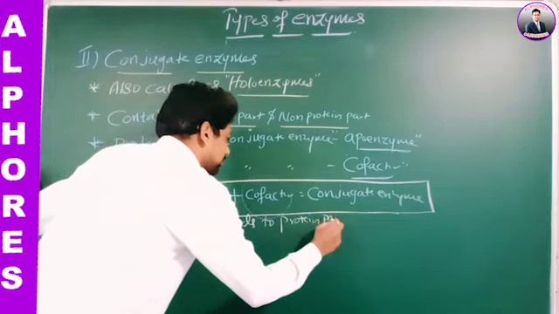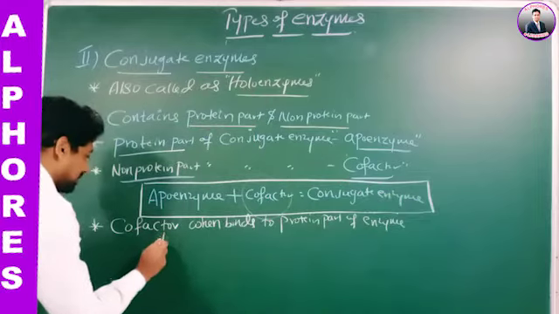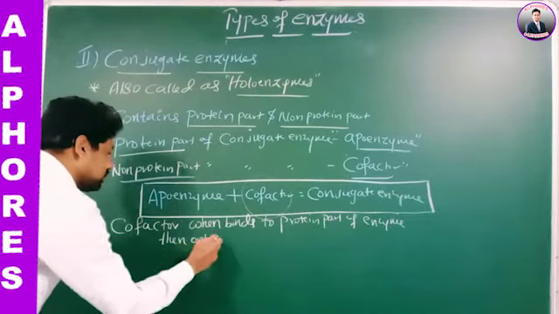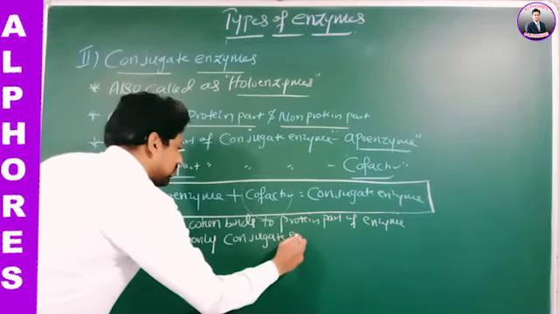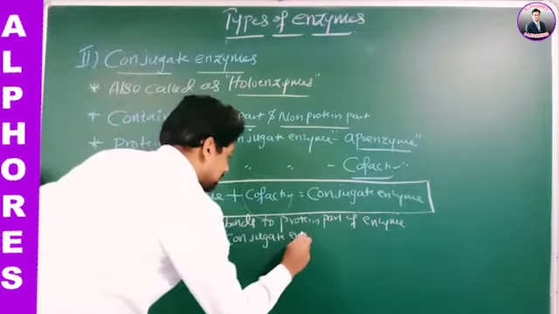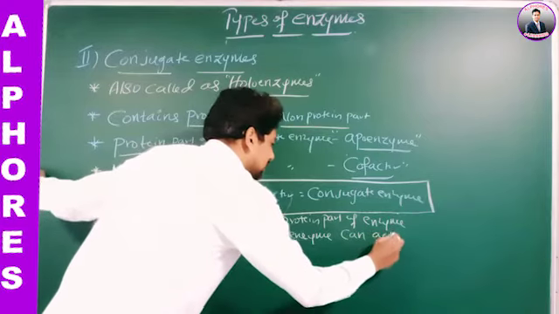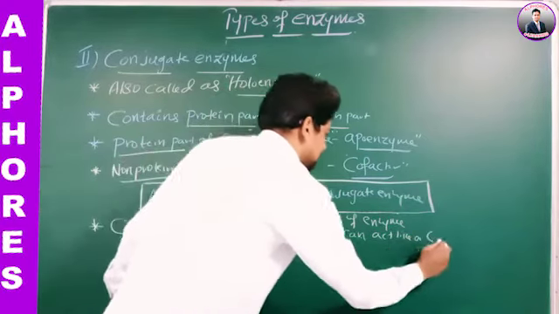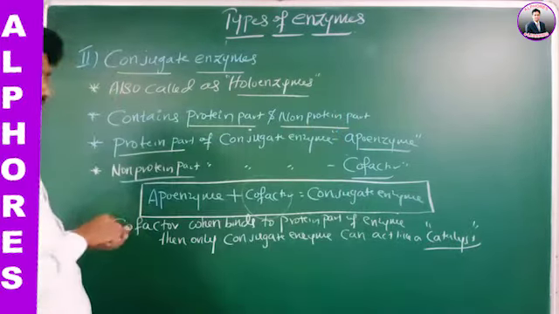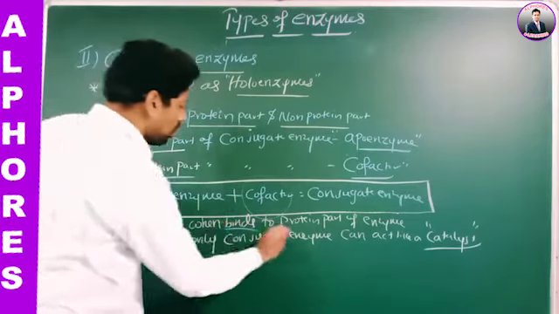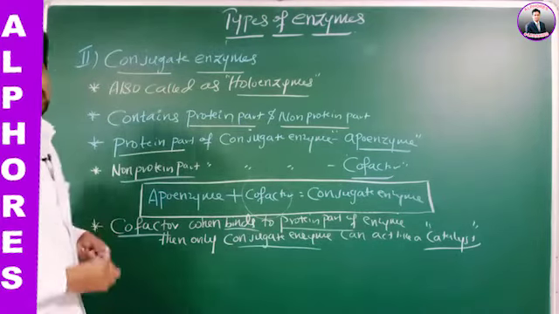The protein part of the enzyme. Then only can the conjugate enzyme act like a catalyst. When cofactor binds to the protein part of the enzyme, then only this conjugate enzyme can act as a catalyst, right?